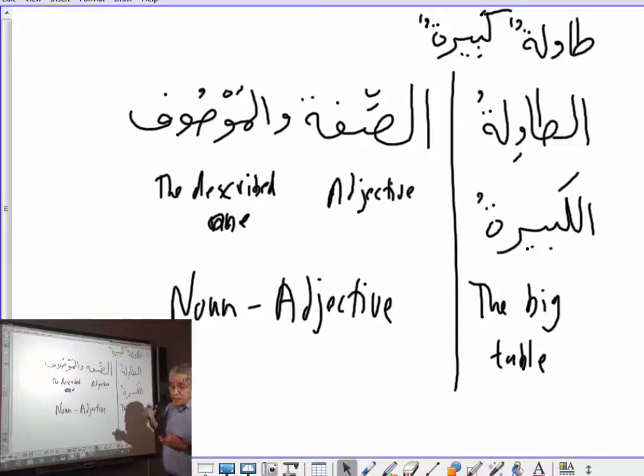So when people speak, they don't use the case markings when they are interviewed or when they have a chat. They simply say طاولة كبيرة. But when they read a text, or in poetry, maybe they will use the case marking. But if they stop, maybe they say it without.